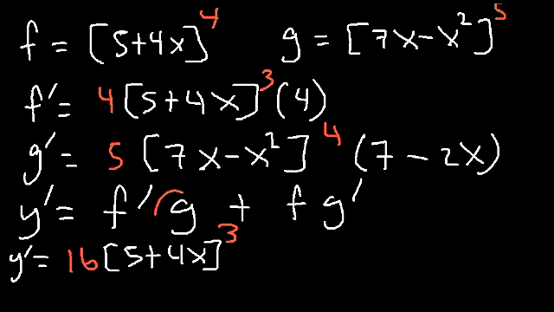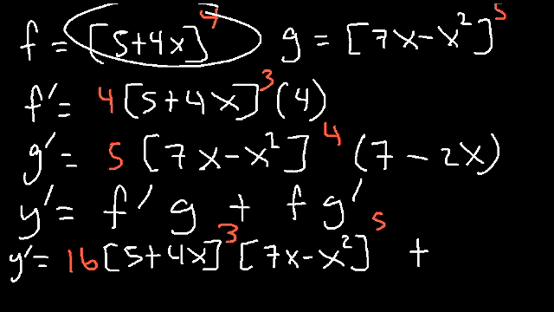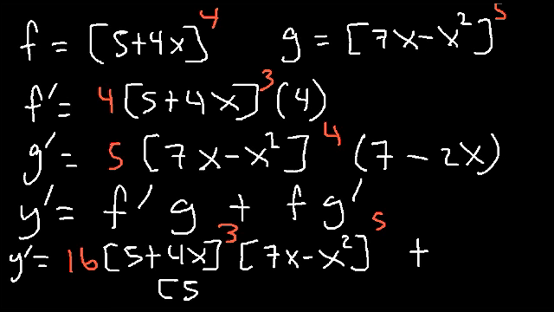And then we have g. So g is this expression. So let's just rewrite that. So it's times 7x minus x squared raised to the 5th power. And then plus f, which is that term. So I'm going to put it here. So that's 5 plus 4x raised to the 4th power.